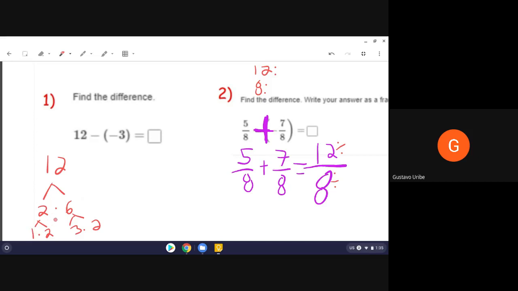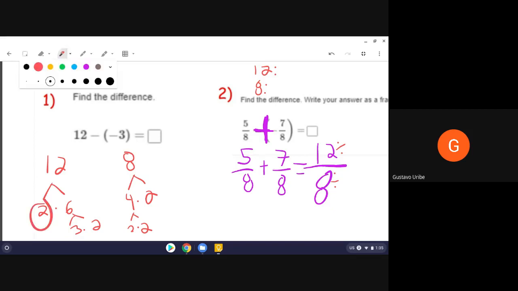Okay, well, now I can do the same thing for 8. 8 I know is 4 times 2, and then 2 times 2. Well, I see a pair of 2's down here, so I know I can divide by 2 times 2, which equals 4.